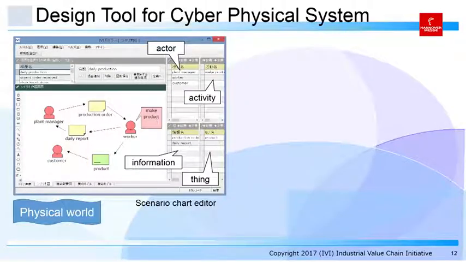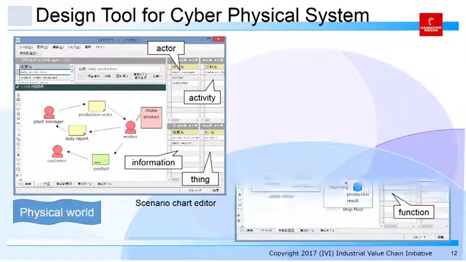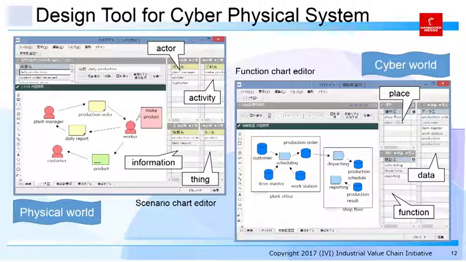So the right side is the picture to make the scenario in the physical world, in the shop floor. On the other hand, the left side means the cyber world, because physical world, cyber world are both important and get together to make the final implementation for the smart manufacturing.